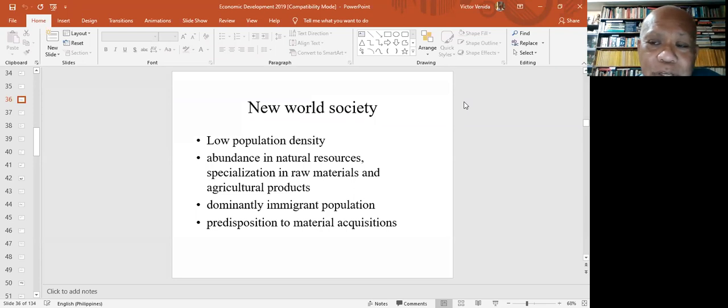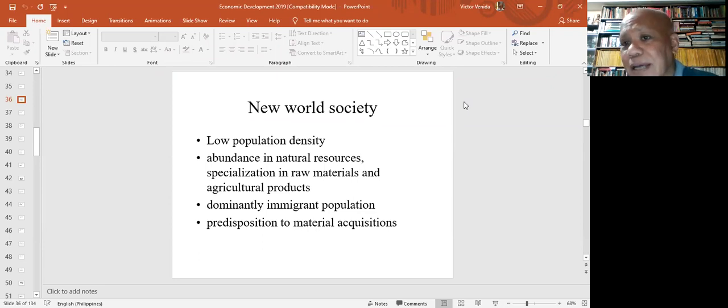Which is why in the early stages in the 1800s, these countries tended to specialize in the production and export of raw materials and agricultural products. The United States, Canada, Australia, New Zealand were major exporters to the European economies. The European economies were the industrializing economies at the time.